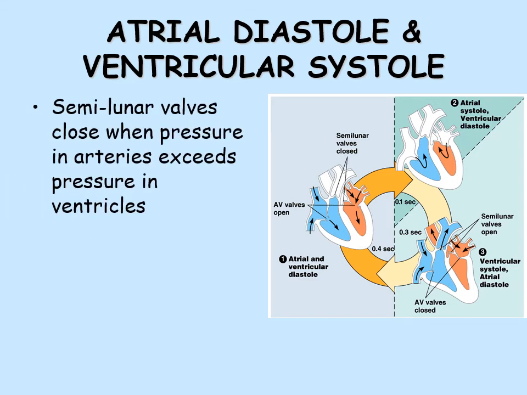They only close when the blood pressure in the arteries is greater than the blood pressure in the ventricles. So as soon as that blood pressure gets too high, the valves will close. And we're back to the beginning of the cardiac cycle again. It just keeps repeating itself.